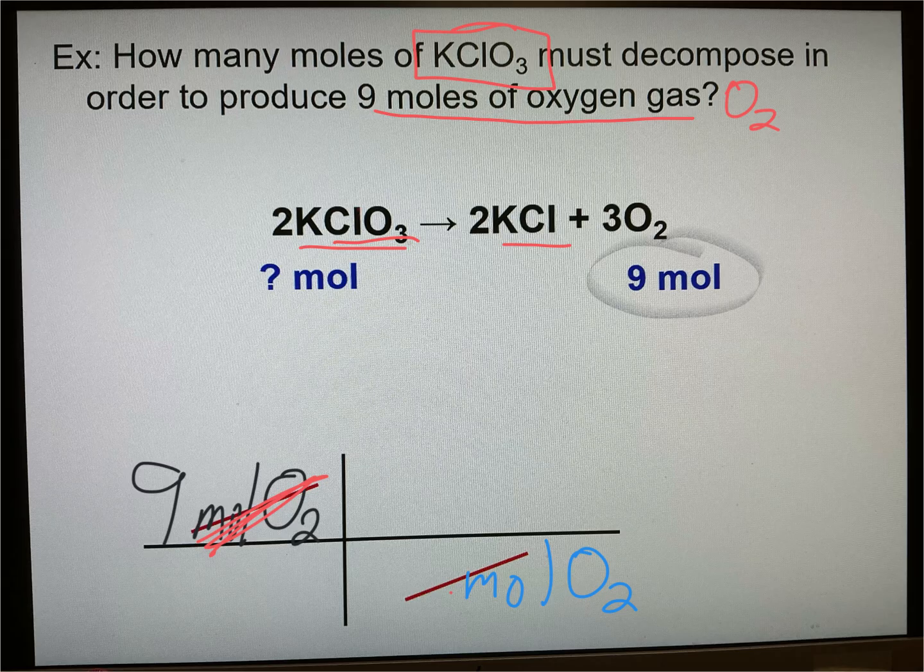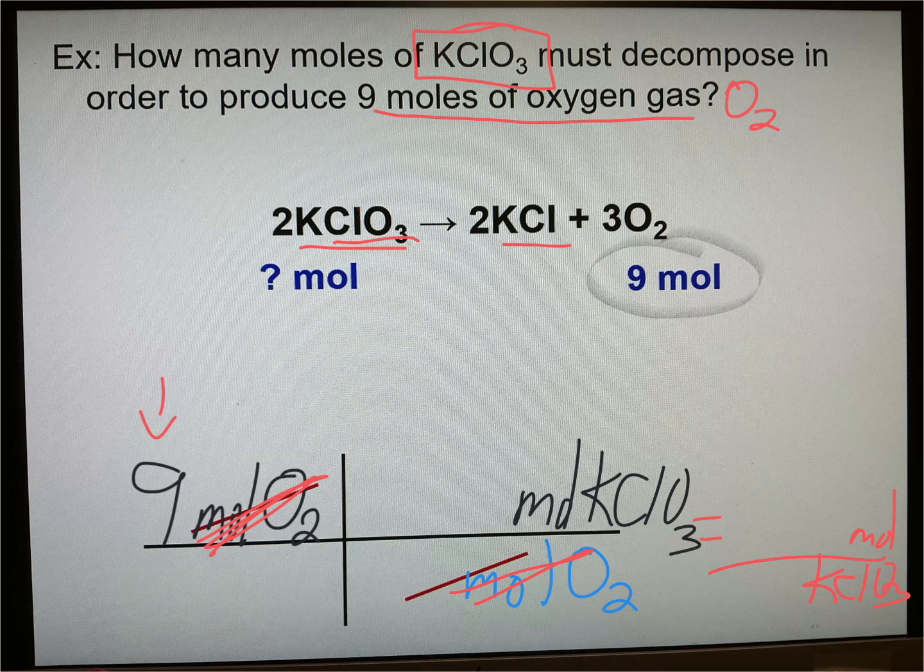The unit that you want, Nathaniel, let's pay attention, is what's going to go on top. So the mole of the potassium chlorate goes on top. This is the unit we want because we want our answer to be in moles of the KClO3. Now, don't forget, you're getting points for the number, for the unit, and for the chemical in every single spot of your railroad track.